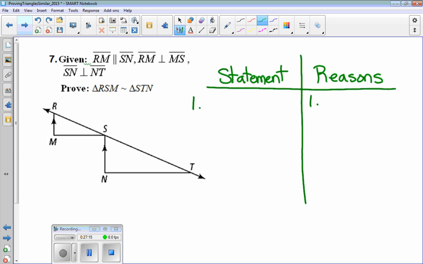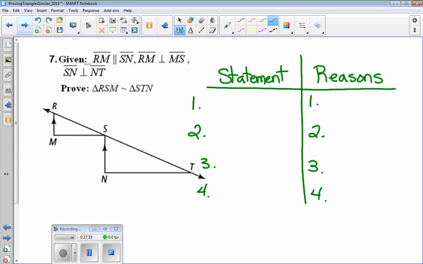I'm going to tell you that this proof, I believe, has 3 or 4 steps. Let me count in my head real quick. If I put all the given in the first statement, then it is 4 steps. So let's set up what we know.